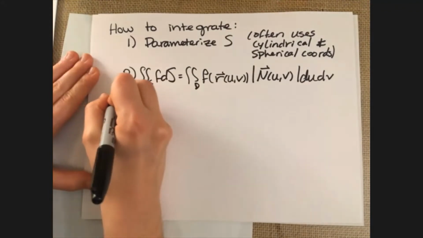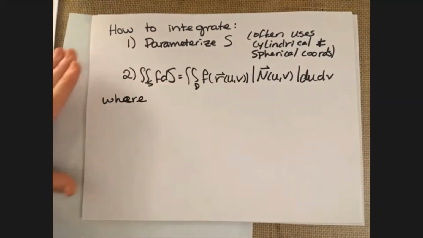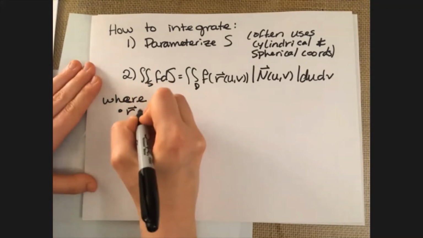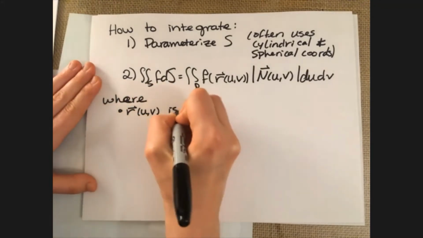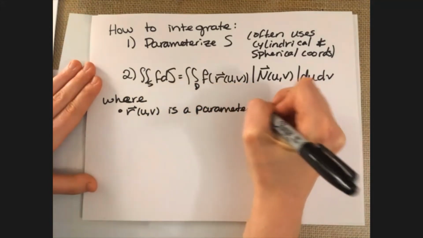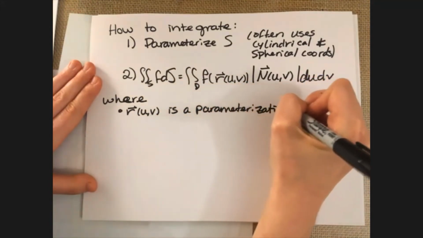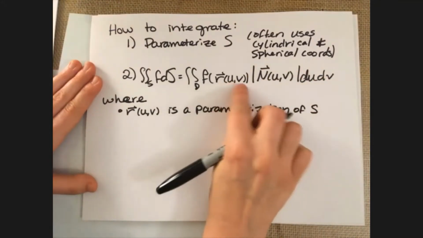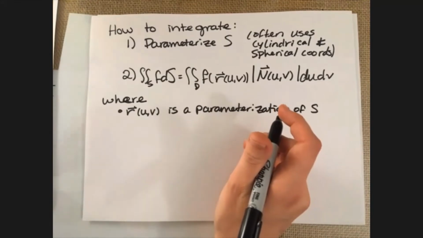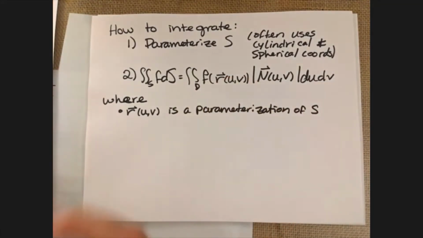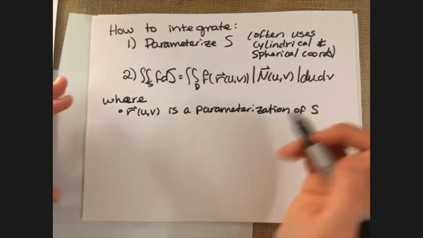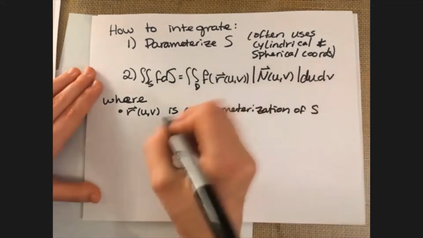What is in here? In this case, our parameterization is r(u,v). And notice that it has two inputs instead of just the standard t that we normally use. And this is simply because we have a surface, we're looking at area. So we need two inputs to account for those two dimensions that we're hoping to wind up with.